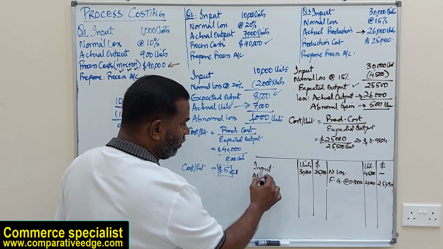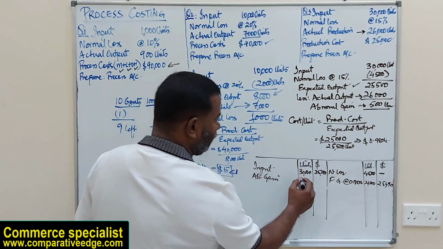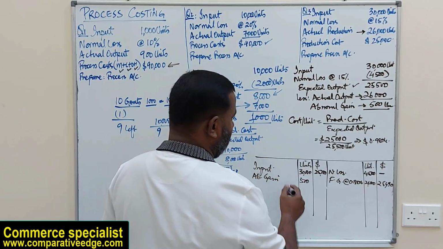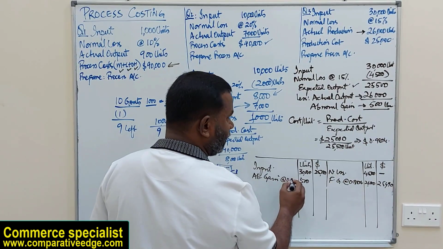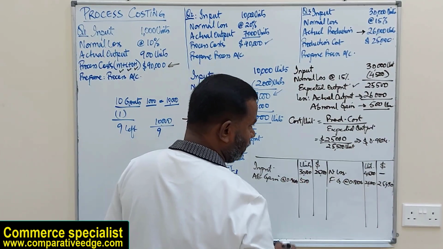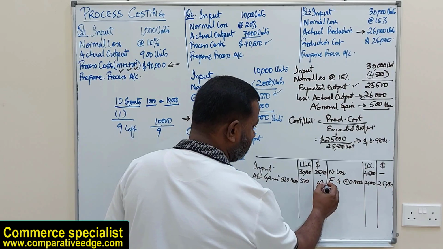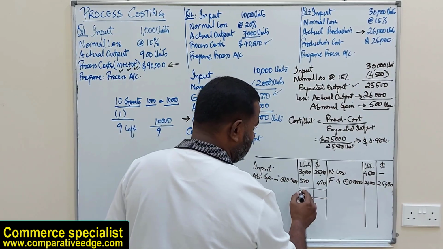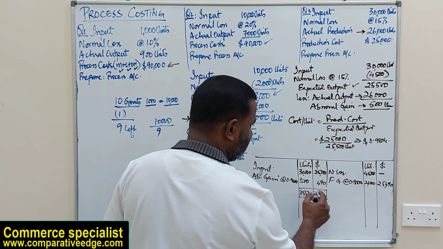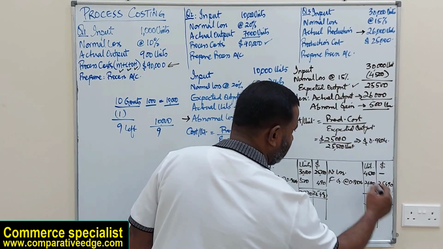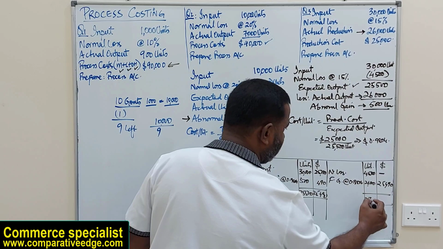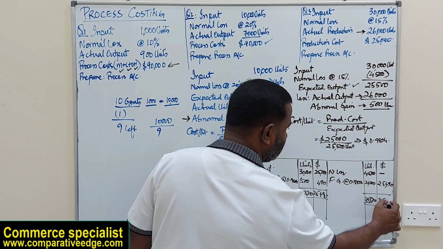We're calling it abnormal gain, 500 units. And obviously when you multiply it by the same value, 0.9804, you will get 490. So when you add, you get 35,500 and this is 25,490. Here also when you add, you get 35,500 and this is 25,490.